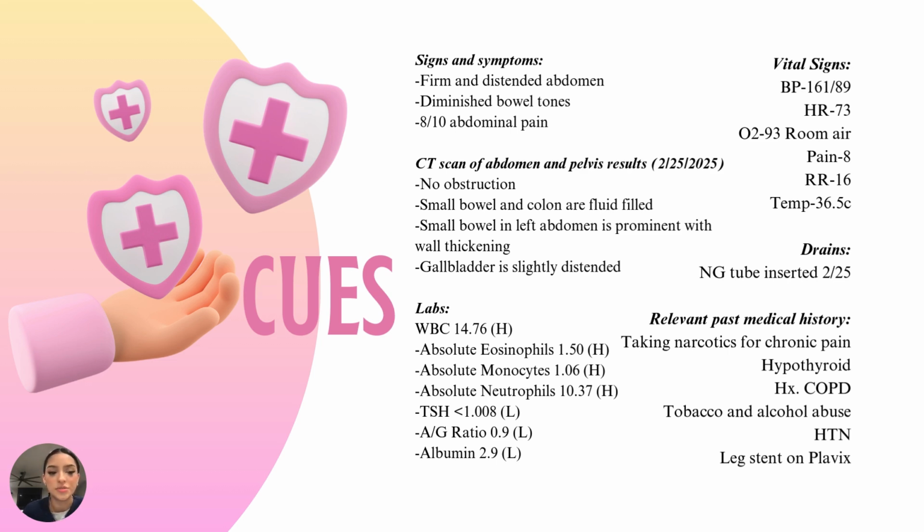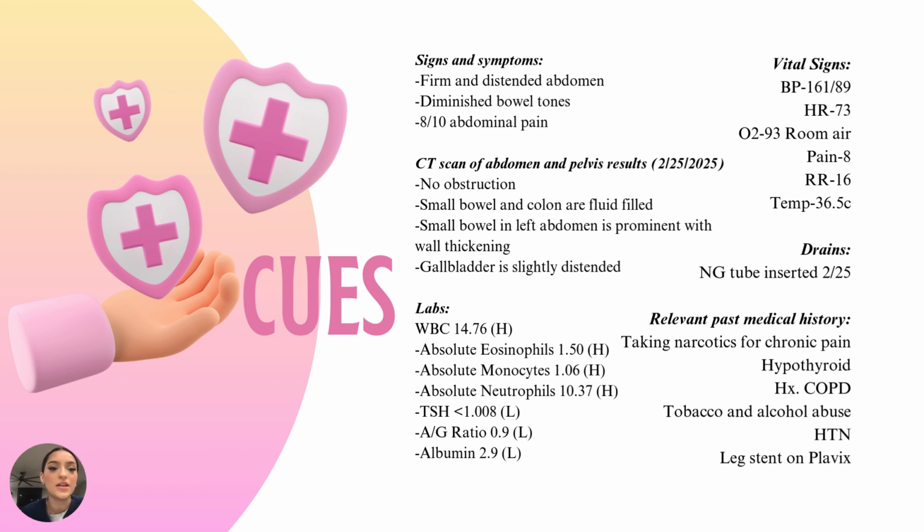I did want to touch base on a couple of these cues that I didn't really go in depth into earlier. So his white blood cells being high. Your white blood cells go high when the body is responding to some sort of stress or condition where the body's trying to fight it off.